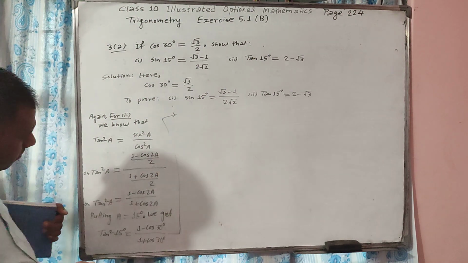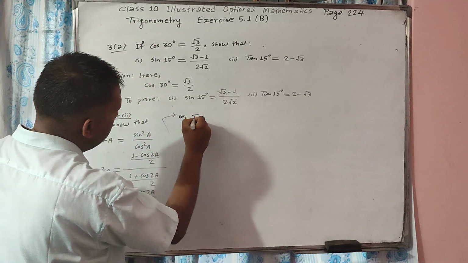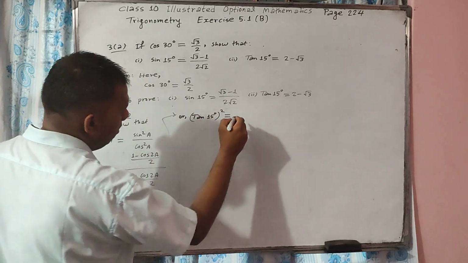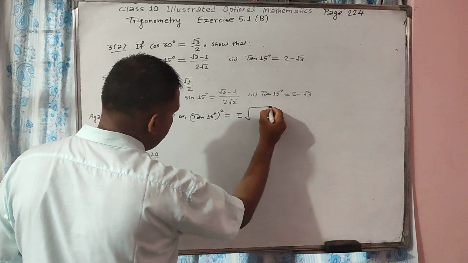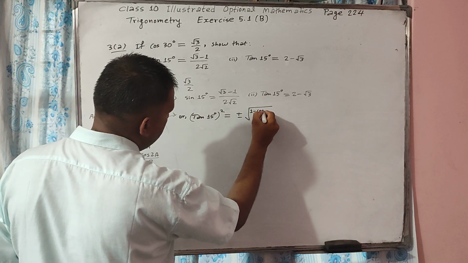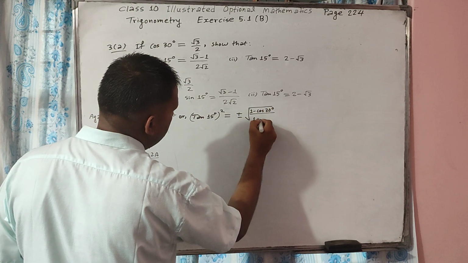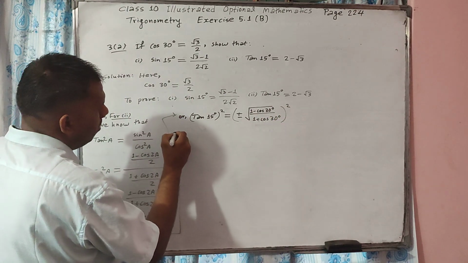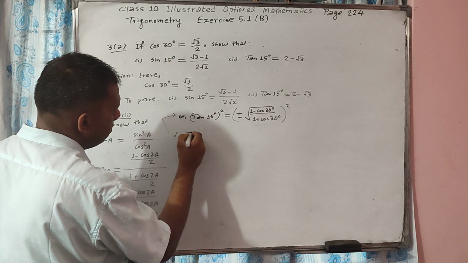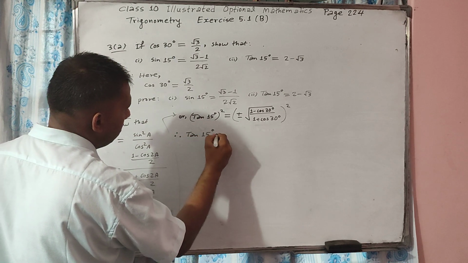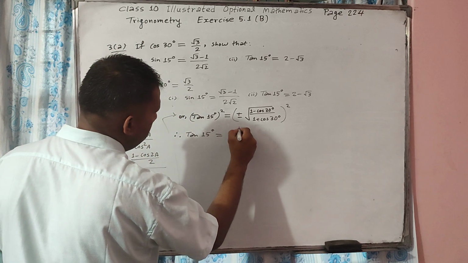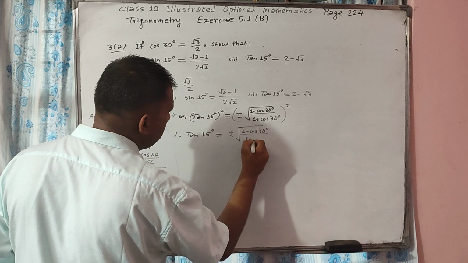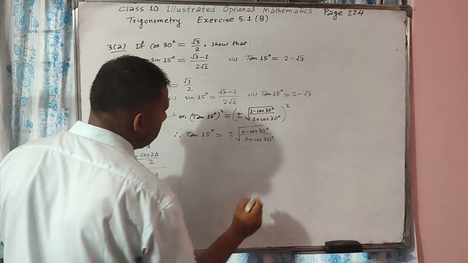Then tan 15 degree equals plus minus square root of 1 minus cos 30 whole upon 1 plus cos 30.